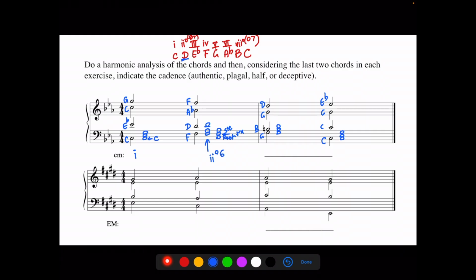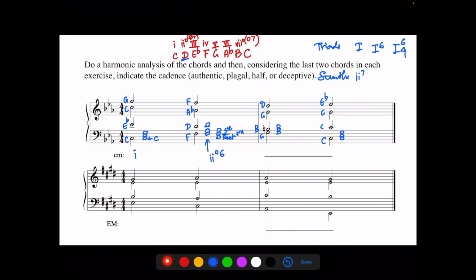So just so that you remember, for triads, the inversion symbols are, if it's root position, then it's just the chord. Let's say it's 1. If it's first inversion, it's 1 6. If it's second inversion, it's 1 6 4. And for seventh chords, let's take 2 as an example.